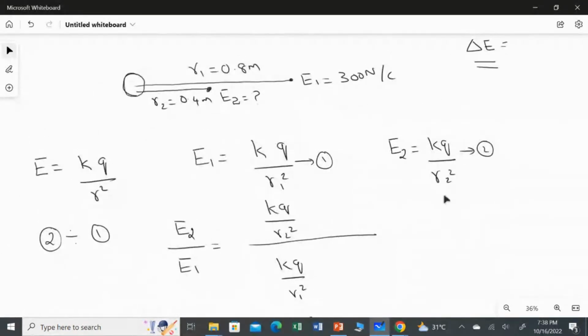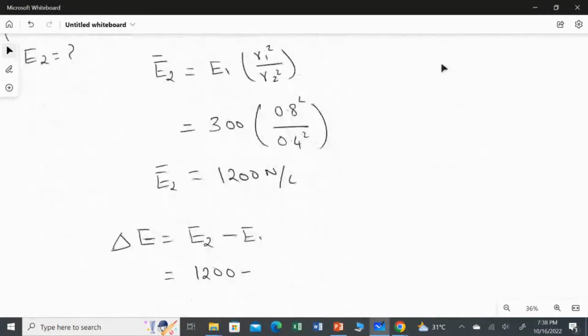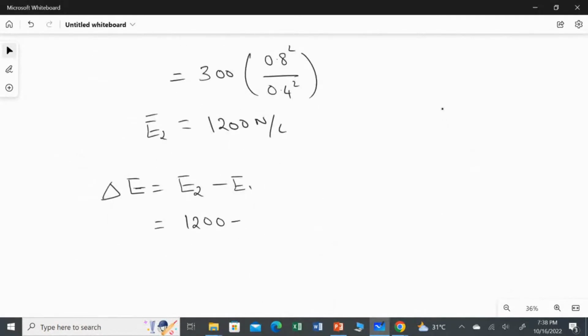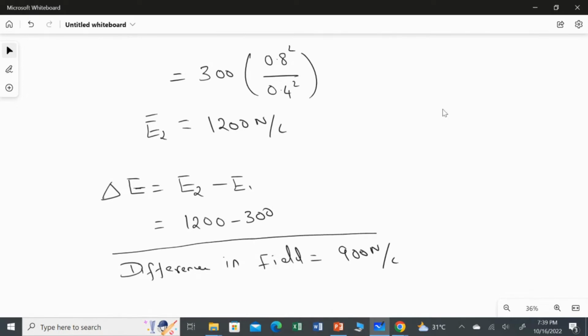The value of E1 is 300. So I'm going to substitute E1 as 300. So the difference in electrical field is equal to 900 Newton per coulomb. So this is the answer.